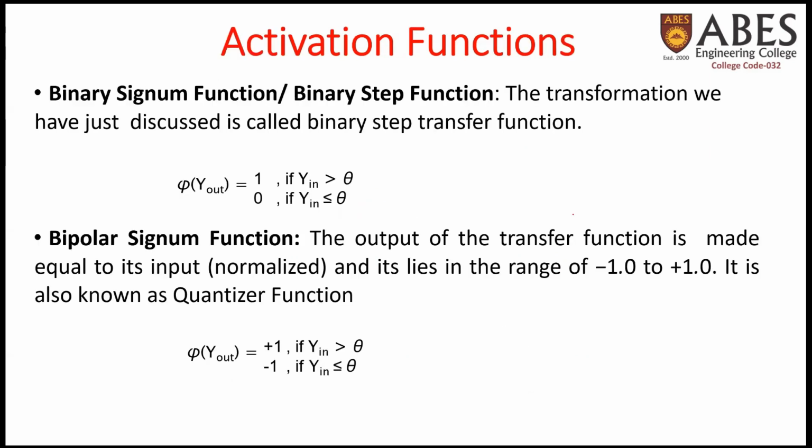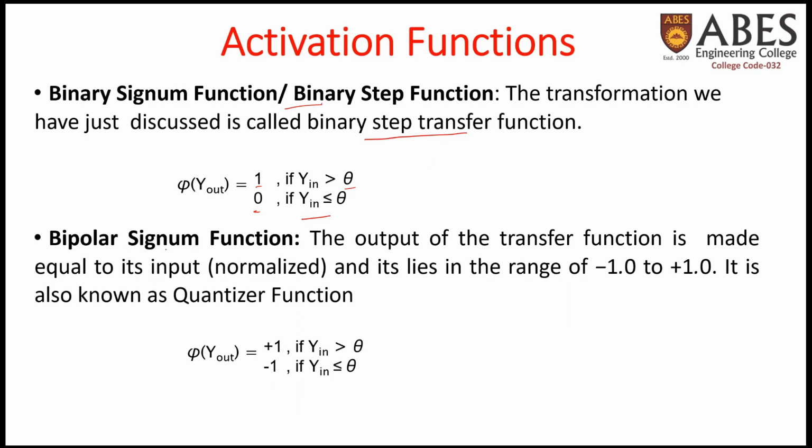Now the types of activation function. Here is the binary signum function, as we have discussed. In this case, the value of y out is 0 or 1 if yn is less than or equal to theta, or if yn is greater than theta. This is also called the binary step transfer function. Second is the bipolar signum function.